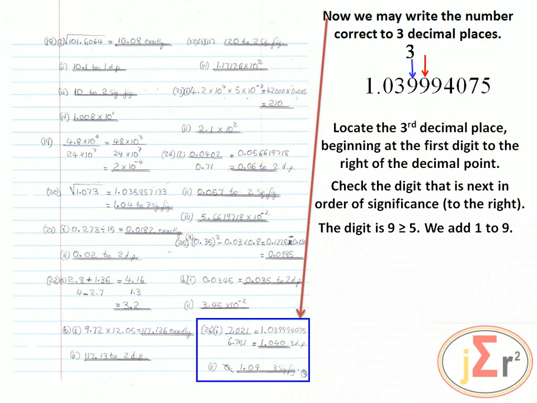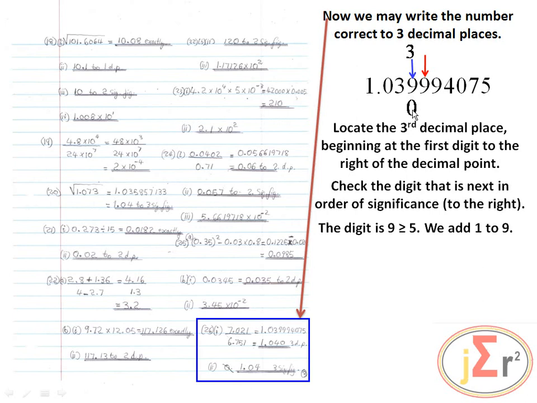Any number that is greater than or equal to 5 qualifies for the addition of 1 to the digit in question. And no doubt 9 surely qualifies. So we add 1 to this one, which is also a 9. 9 plus 1 is equal to 10.